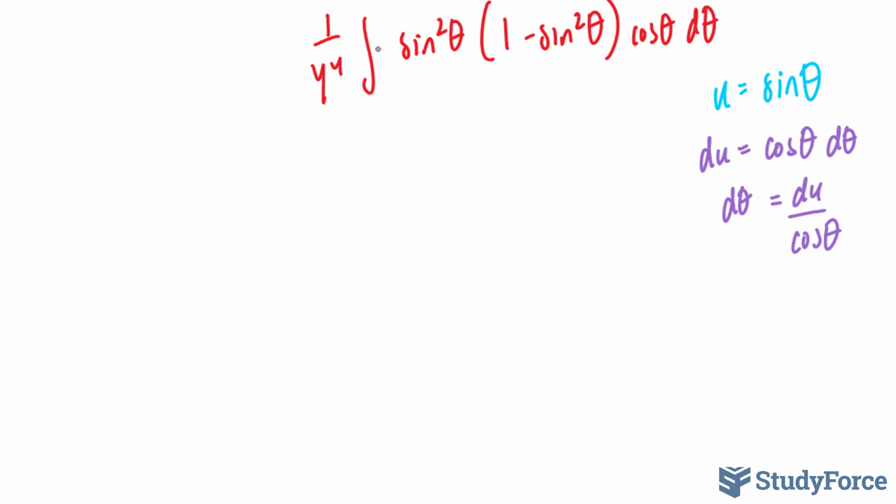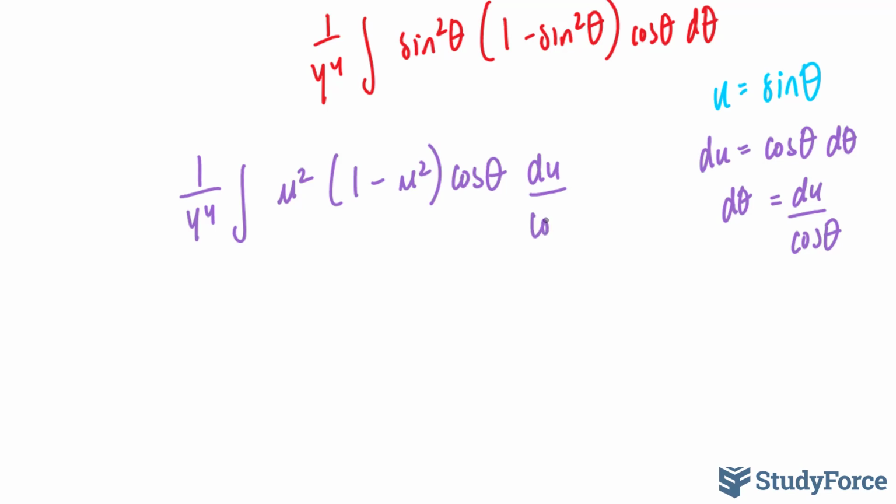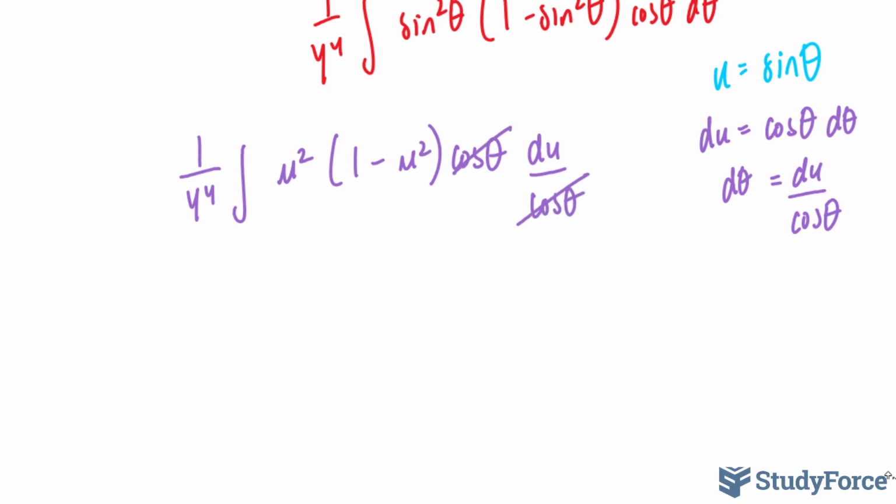Now I'm going to rewrite my function in terms of u. 1 over 4 to the power of 4, u to the power of 2 times 1 minus u to the power of 2, cosine theta du over cosine theta cancels out, and we have an easy function to integrate.